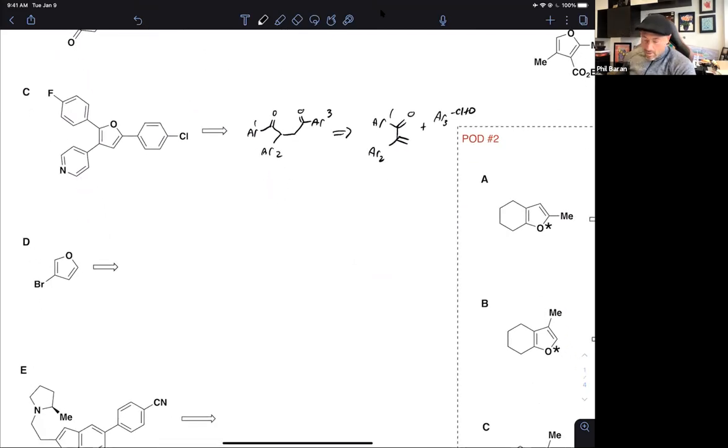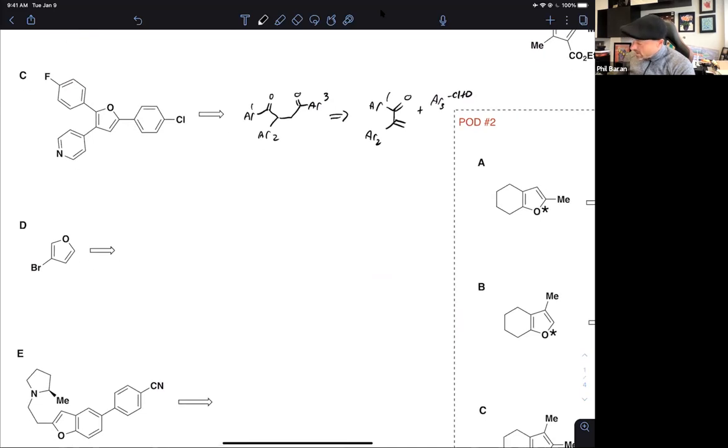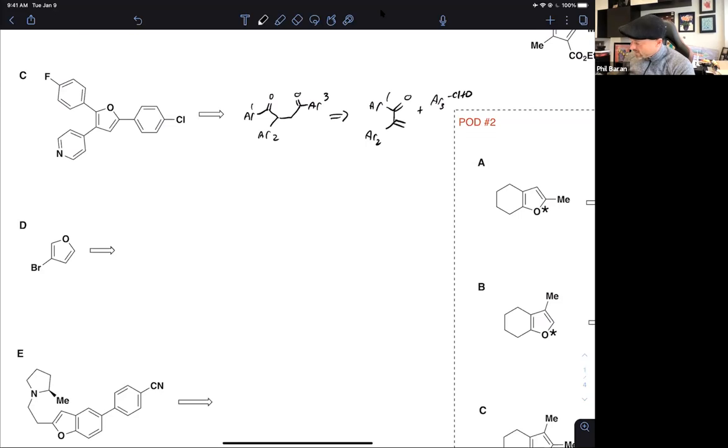And how about D? D, what do we think here, Stone? Cycloaddition, ring synthesis, some sort of substitution strategy? Cycloaddition, I think. Cycloaddition. And so what would you do there? What would be the order of events?